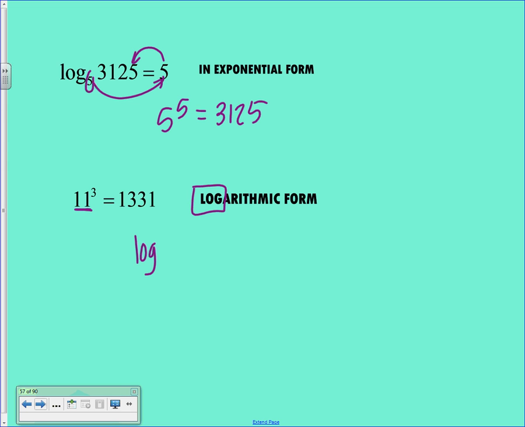So here is my base. It's going to be log base 11, and then you switch sides. So of 1331 equals 3. You take your base, put it down to be your base, and then flip the sides of the equal sign. If you're not sure, take a 50-50 and then check because you're really good at your circle. Is it 11 to the 3rd equals 1331? Yes, so you did it right.